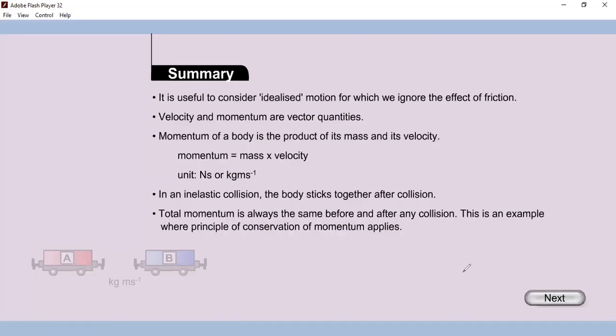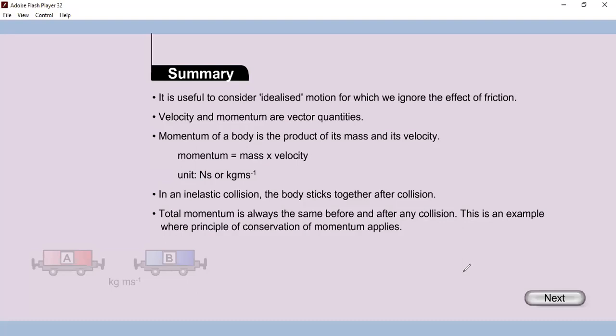It's useful to consider idealized motion for which we ignore the effect of friction. That means in the collision, in the situation just now, we ignore all the effect of friction. We ignore any external force.